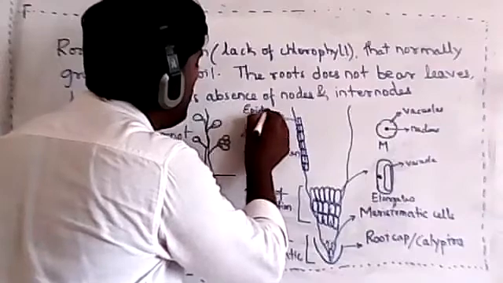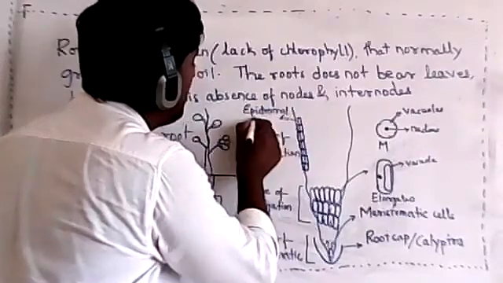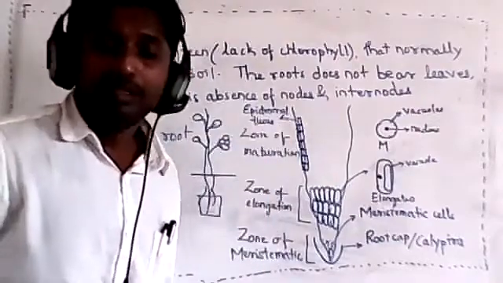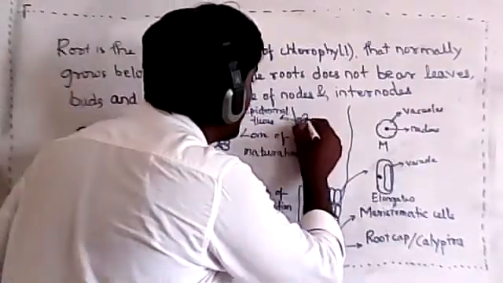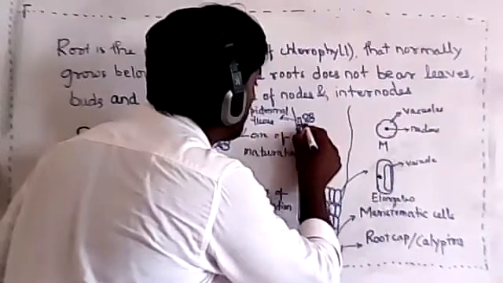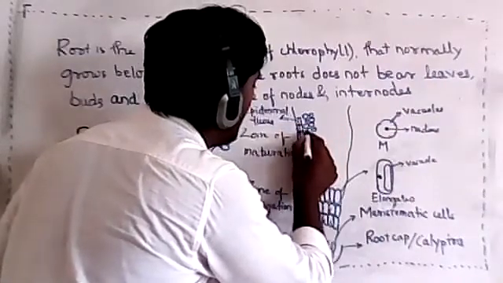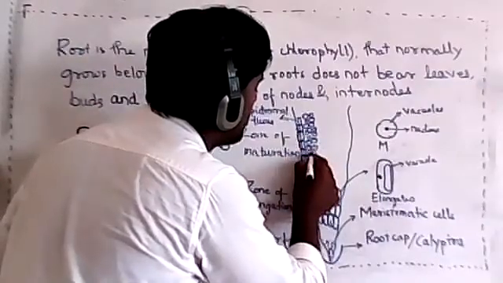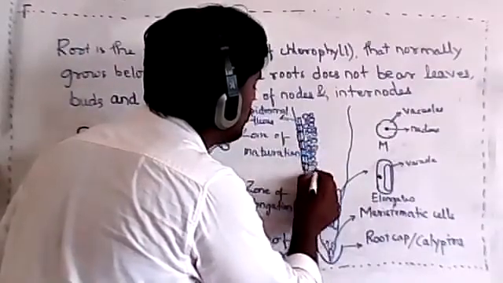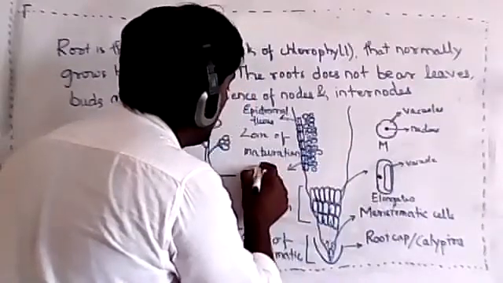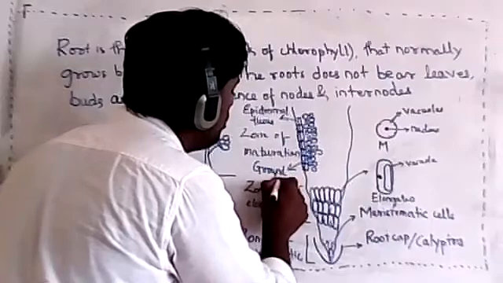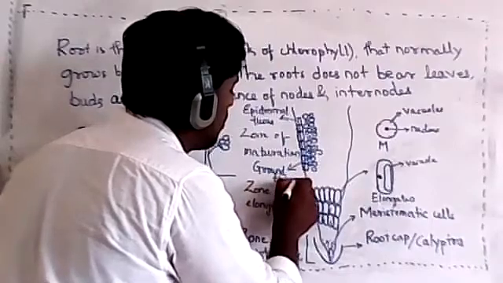And this second layer of tissue we call ground tissue.